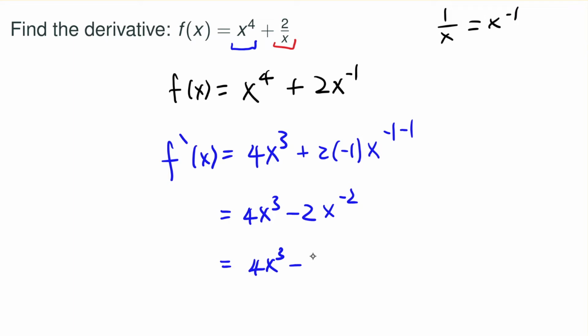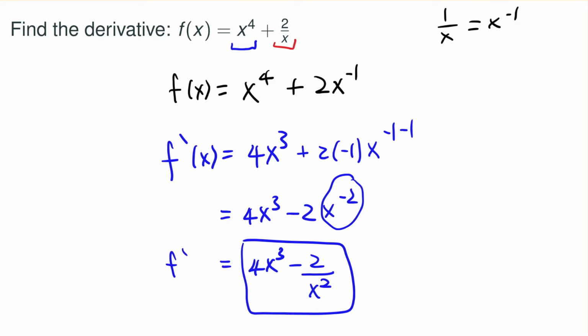So minus 2, and now this portion right here can be written in the denominator, but with a positive exponent. So this is the derivative of the function f of x. So every time we have a variable quantity in the denominator only, we can bring it up to the numerator by changing the sign of the exponent.